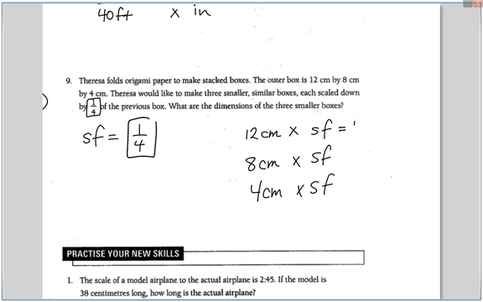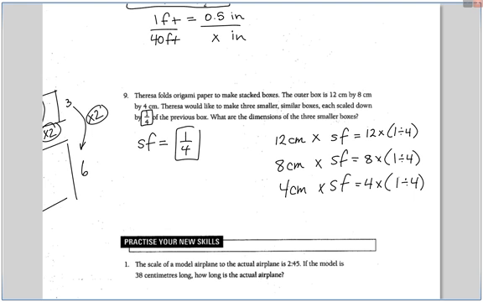So 12 multiplied by 1/4. 8 multiplied by 1/4. And 4 multiplied by 1/4. And you get the following answers: 3, 2, and 1. And these would all be the dimensions of a similar box.